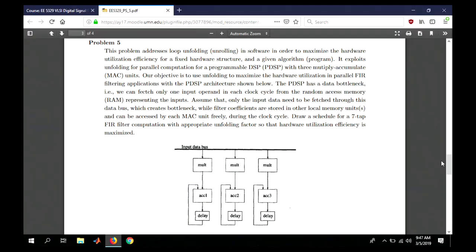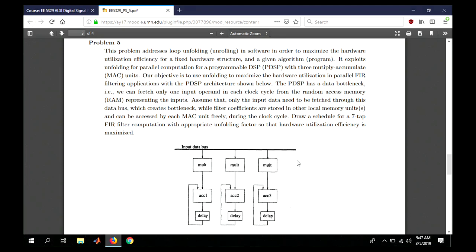Okay, so what we are saying here is just imagine that there are 3 processing elements. So think about each one of these multiply accumulates as a processing element, as if it is computing something.